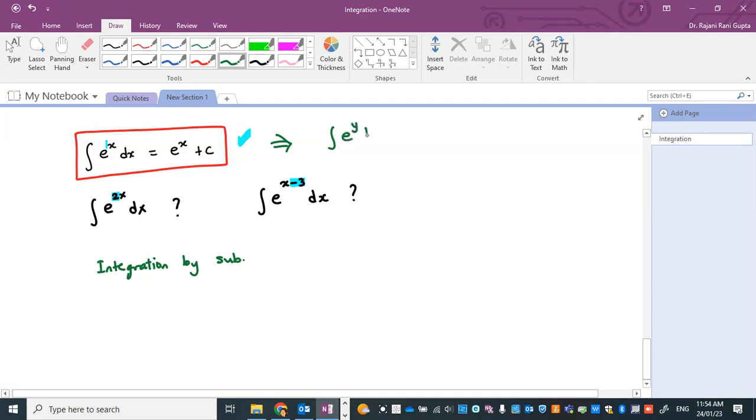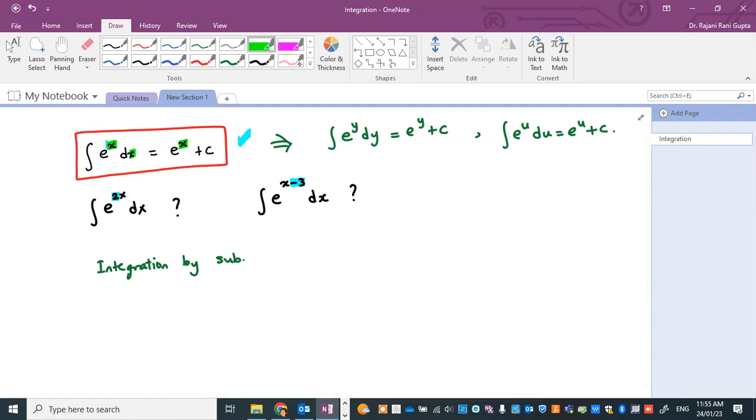Like if you have e power y dy, the rule says the same, e power y plus c. Or if you change the variable to say u, then the rule becomes the same, but it will be expressed in terms of u, and so on. So you can change x to any other variable. It's valid for all variables.